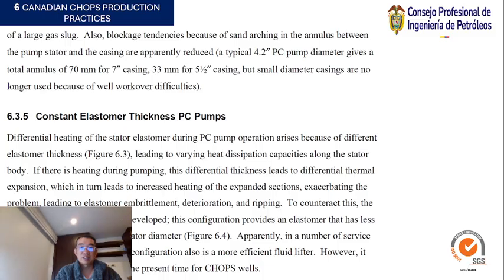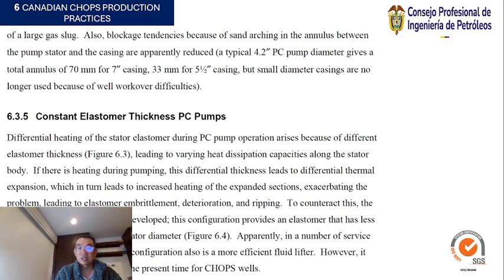If there is heating during pumping, this differential thickness leads to differential thermal expansion, which in turn leads to increased heating of the expanded sections, exacerbating the problem, leading to elastomer deterioration and wrapping. To counteract this, the three-lobe stator PC pump was developed.